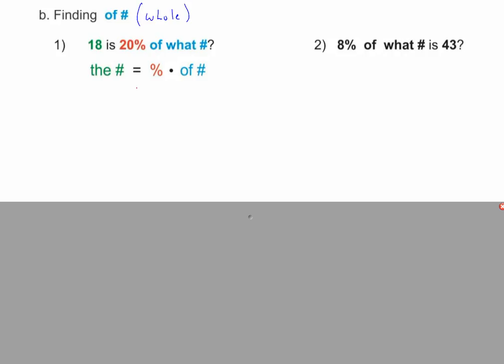Normally, though, I would start with the percent, 0.2, right? I'm going to put it in decimal form. Well, I clearly see the of number is what I want, so I'm going to put my variable for the of number. And that means the 18 had to be the number. It had to be, right? I used up the of number, I used up the percent, so the 18 must be the number.